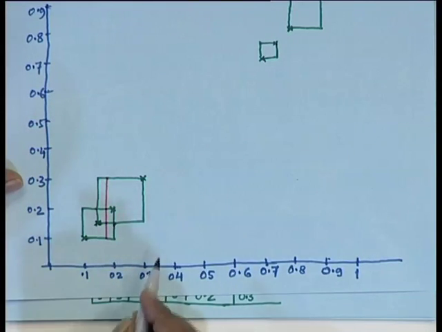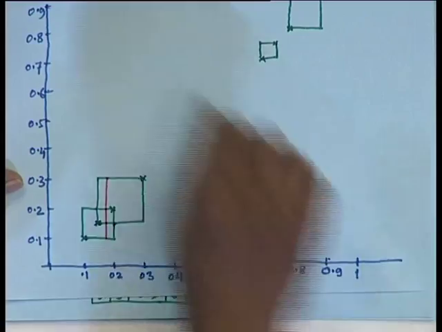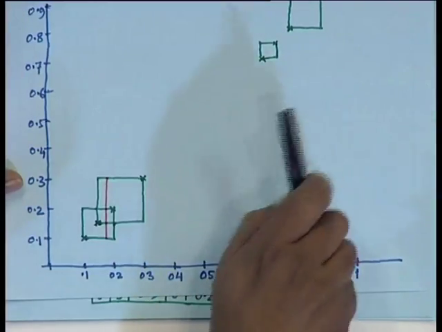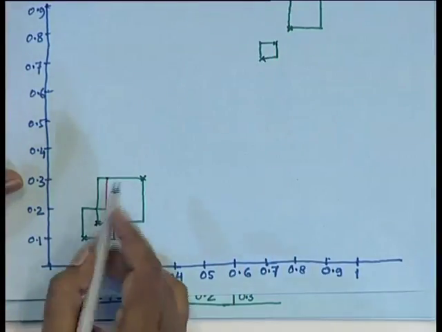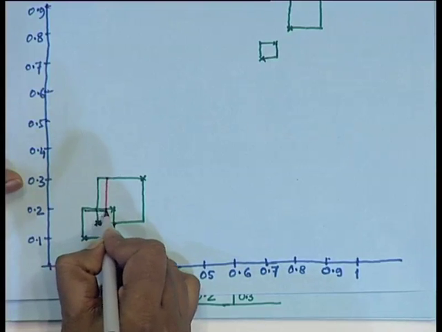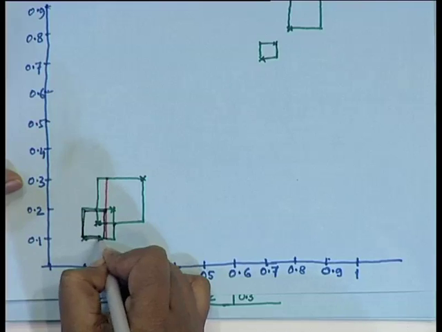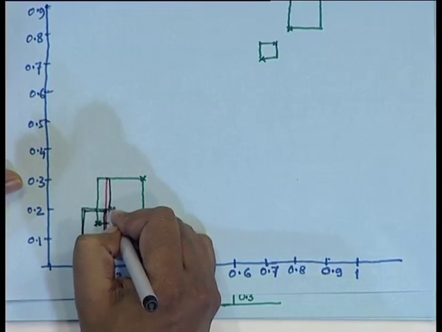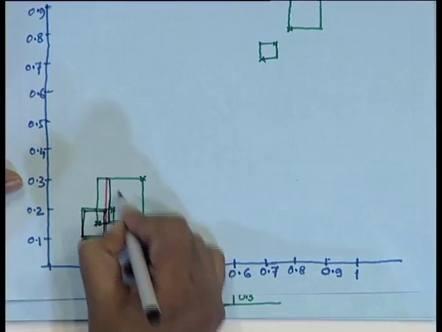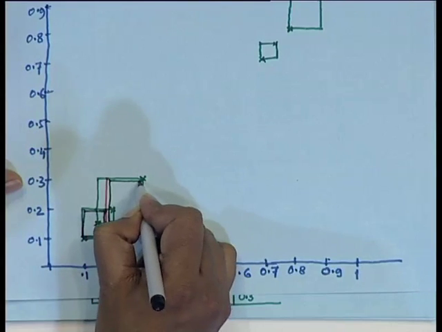When I break this, I get two hyperboxes. One hyperbox is this one, which belongs to class C1, and the other hyperbox is this one, which belongs to class C2, right.